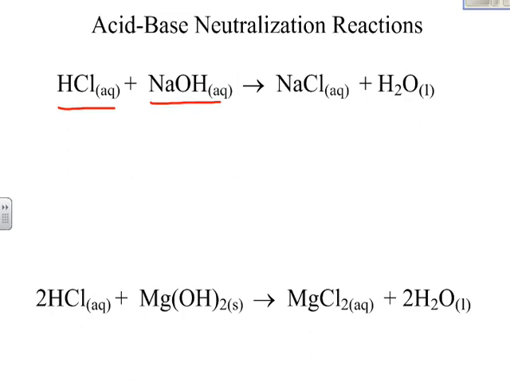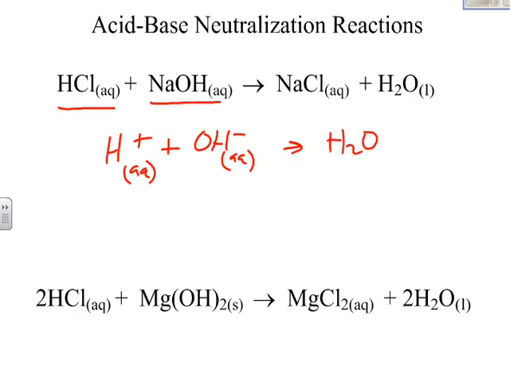The net ionic equation here, the sodium ions and the chloride ions are aqueous on both sides, so those are your spectator ions. So any strong acid, strong base would have the net ionic equation of hydrogen ions in solution reacting with hydroxide ions in solution to form water.